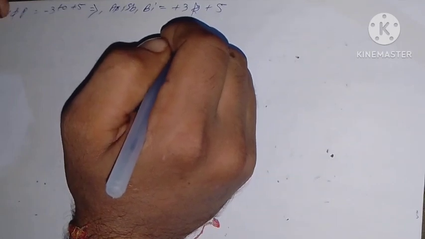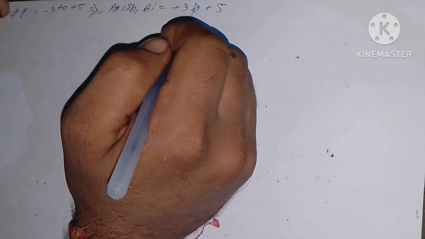The stability of the +3 state increases from nitrogen to bismuth.